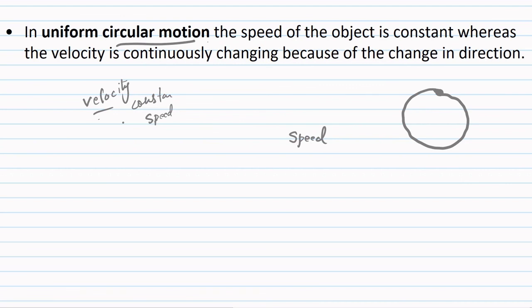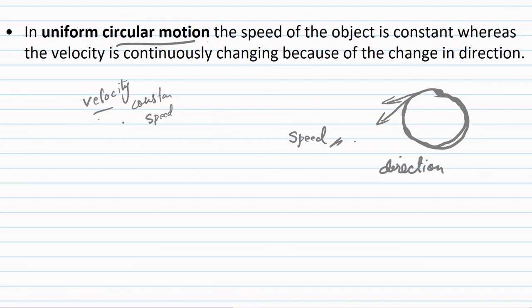Because even if I keep the speed constant, at one moment, the object is going in this direction, but the very next moment, it's actually turning its direction to go this side. So every moment, it just keeps turning its direction. It changes the direction so that it can go in a circular path. So as you can see, the direction is continuously changing.